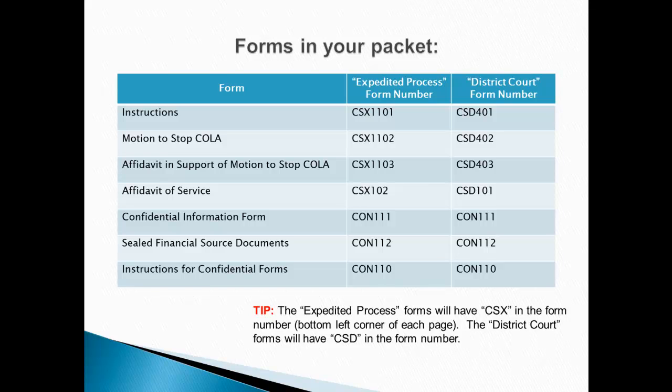The forms in the district court packet include instructions CSD 401, motion to stop COLA CSD 402, affidavit in support of motion to stop COLA CSD 403, the affidavit of service CSD 101, confidential information form CON 111, and sealed financial source documents CON 112.